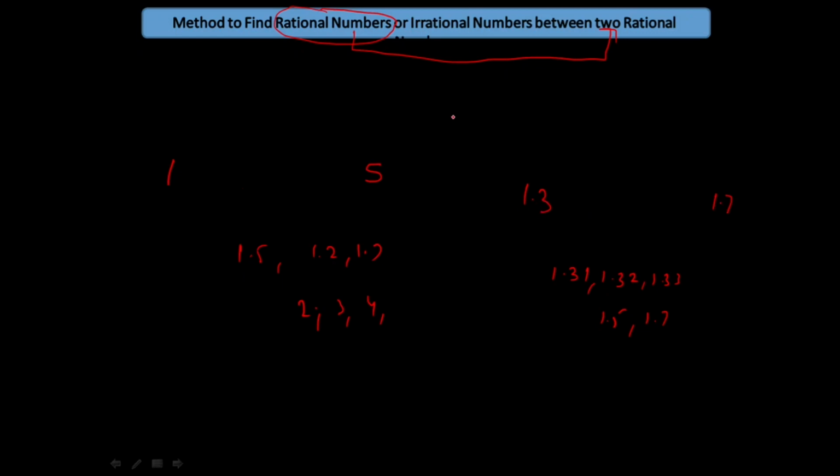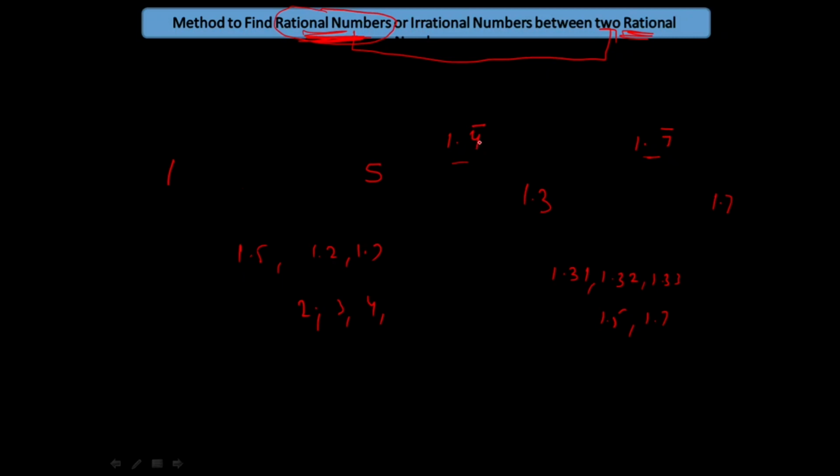What if I am given this number 1.4 bar and this number is 1.7 bar? First tell me, are these two numbers rational numbers? Yes. I am to find a rational number between two rational numbers. Because these two are rational numbers, now how can I find a number between them?